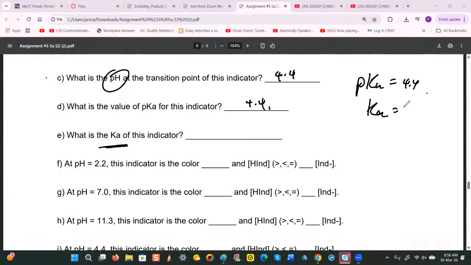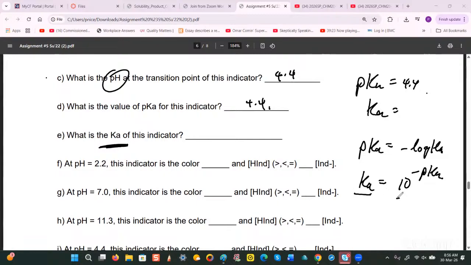Could you explain the difference between what pKa is and what Ka is? Okay, so the relationship between pKa and Ka is this. pKa is minus log of Ka, right? Now, if you want to find Ka and you're given the pKa, then Ka is equal to 10 to the minus pKa, right? So to answer this question, what is Ka?